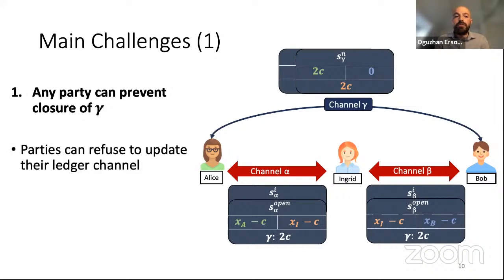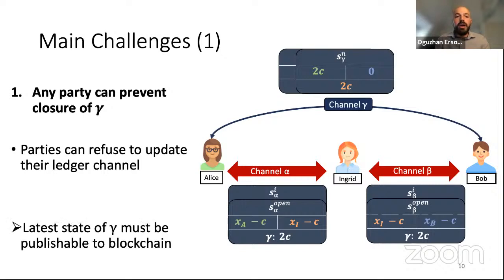Parties can refuse to update their ledger channel, which is necessary for the closure of this virtual channel. For the balance security of the parties, we need to ensure that the latest state of the virtual channel is publishable on the blockchain. This is the first challenge.